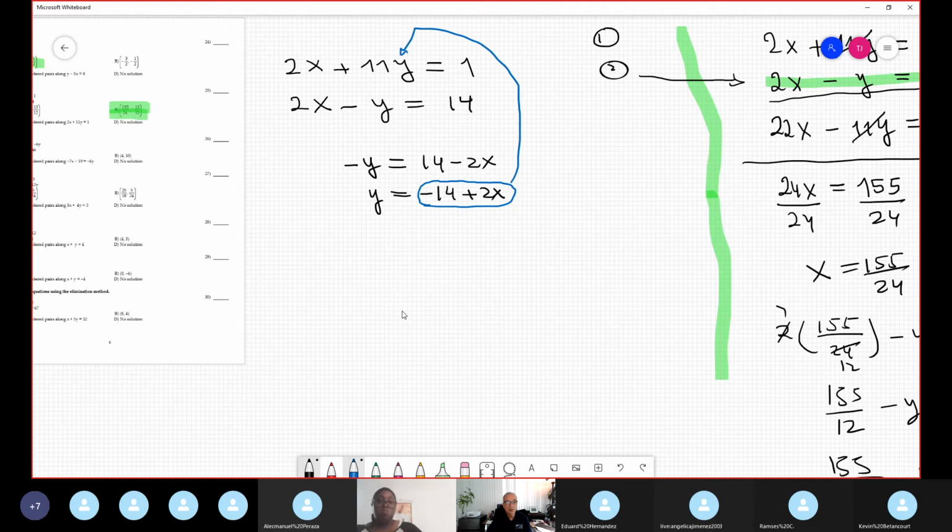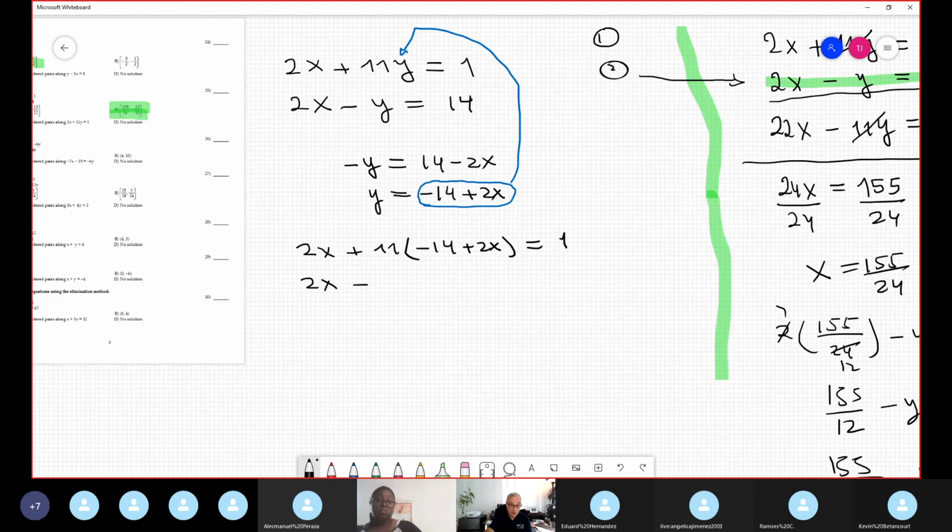Over there, okay, so we have 2x plus 11, parentheses, negative 14 plus 2x equal 1. 2x plus no, minus, it's minus, because positive times negative.